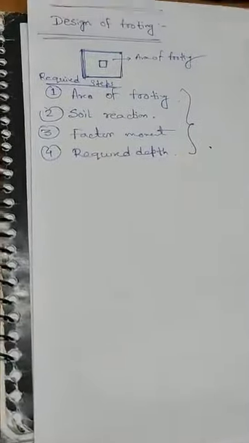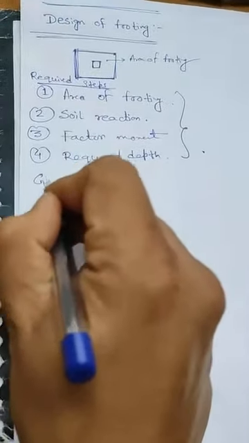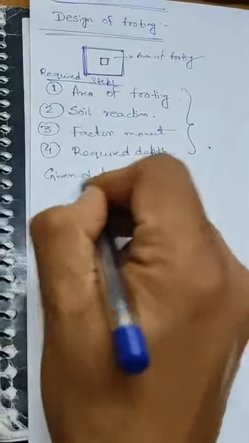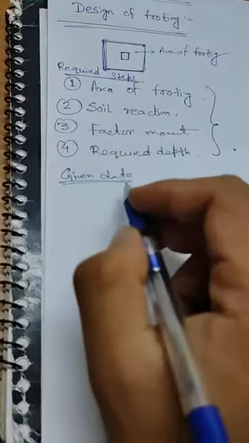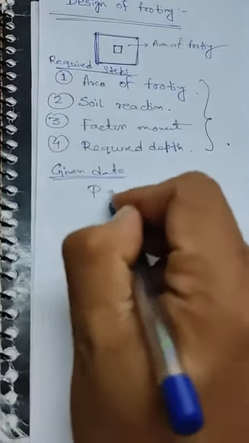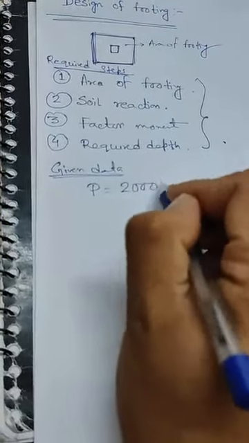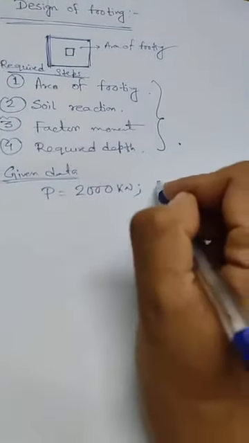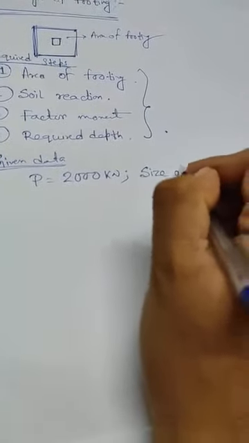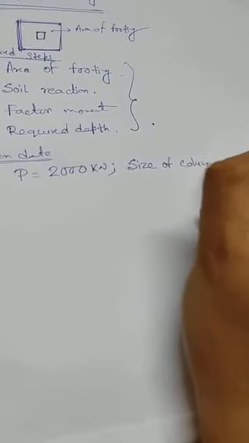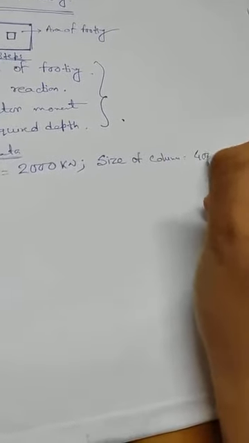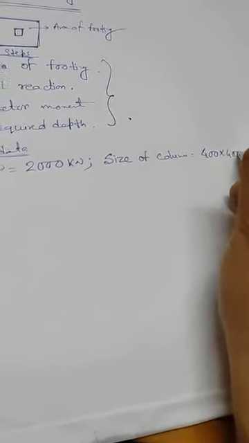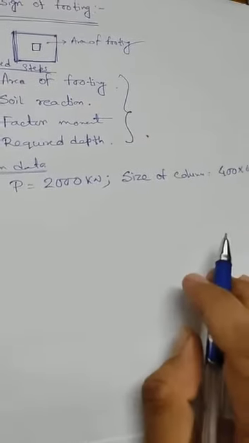Okay, now the given data is: the load on the column, say 2000 kilonewton, and size of column is 400 into 400 millimeter.